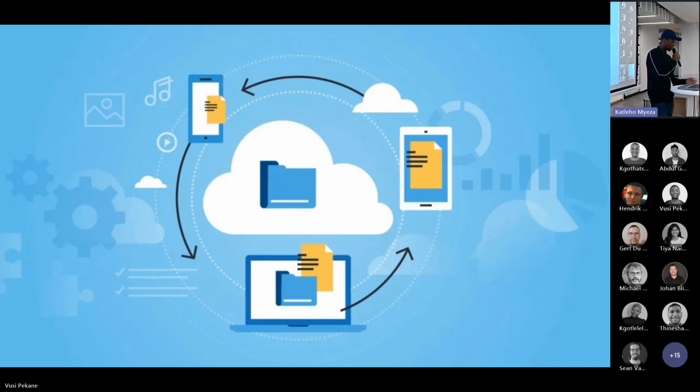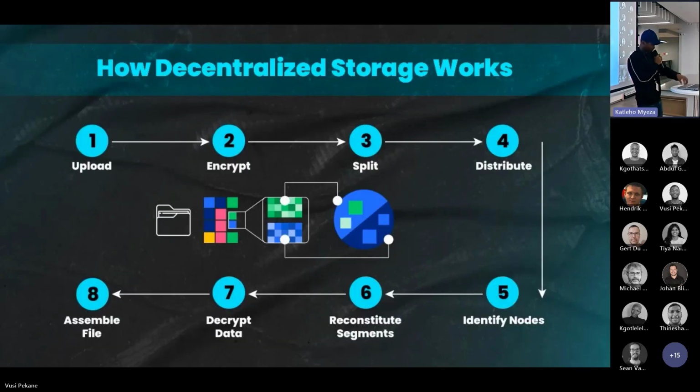Now, in a decentralized system, the data is split, encrypted, and distributed across multiple locations to ensure that no single point of failure exists. The process of how that typically works is as follows. When you upload a file to the network, well, first of all, you have to choose a network to upload a file to.